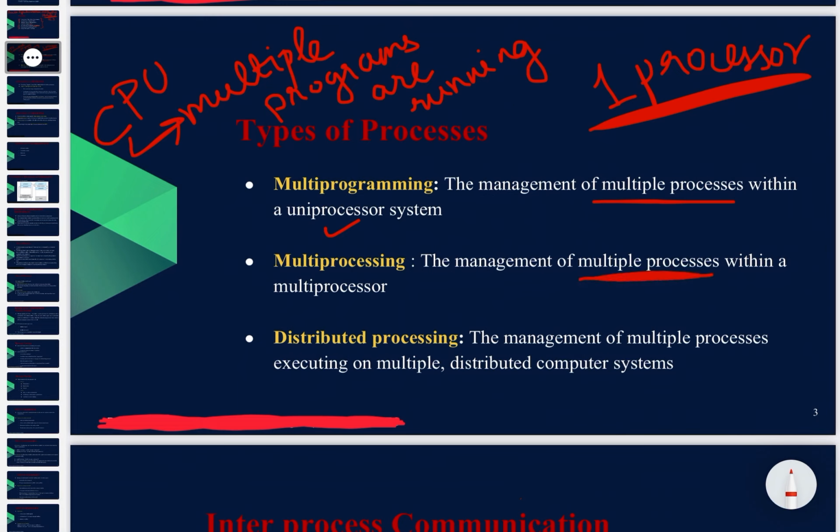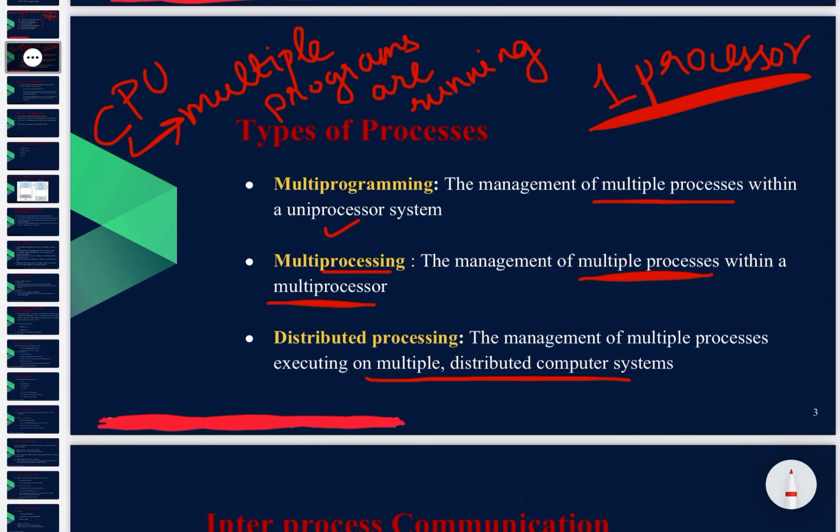And distributed processing is the management of multiple processes executing on multiple distributed computer systems. So there are multiple distributed computer systems and many processes are running on those computer systems.